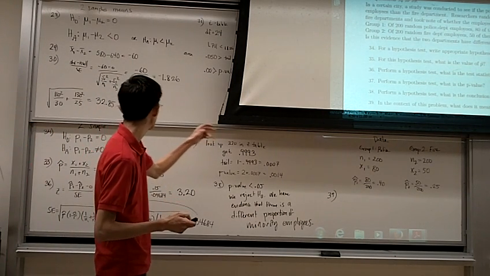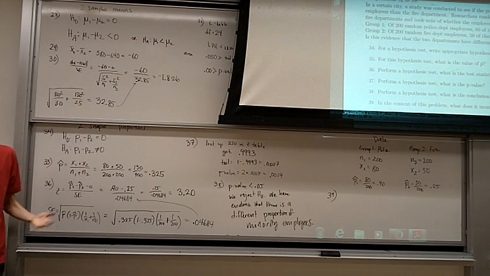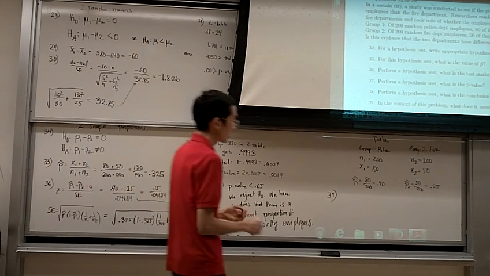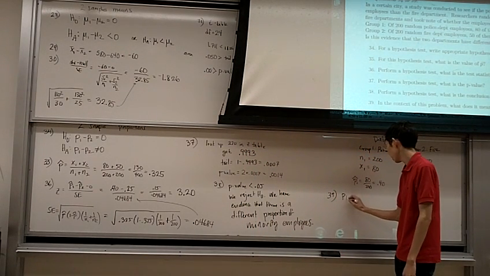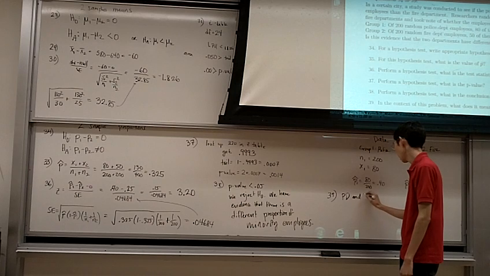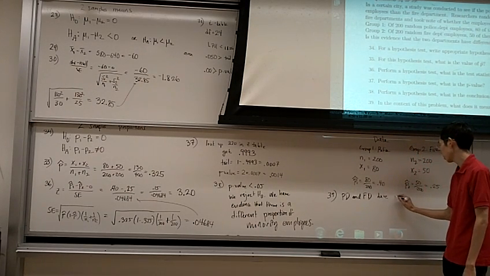In our case, if the null hypothesis is true, it means the proportion of minority employees at the fire department and police department are the same.